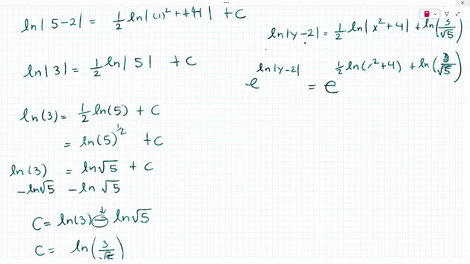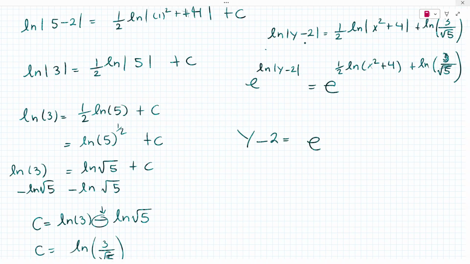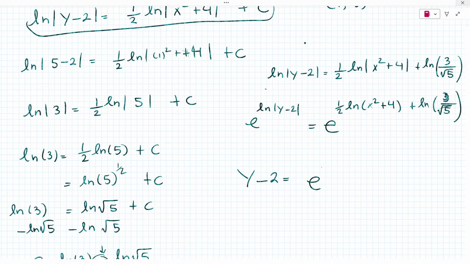And then over here, e and ln cancel, so you're just left with y minus 2. And then remember, if you have a number in front of the ln or log, it's like a power. So this is the same thing as x squared plus 4 to the 1/2, or really this is the same thing as square root.